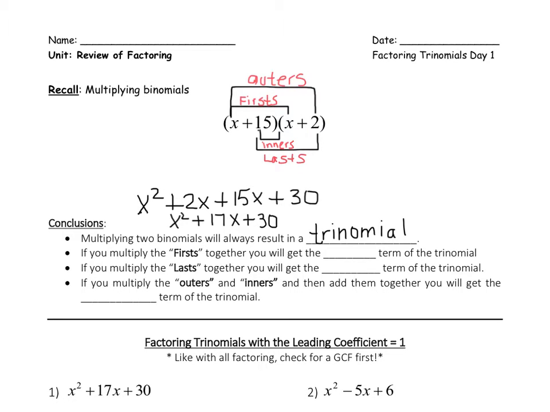Okay, so let's look at the conclusions now. If you multiply the firsts together, so x and x, you will always get what term of the trinomial? The first, the middle, or the last? So again, if you multiply the firsts together, the x and the x, you will get the first term of the trinomial.